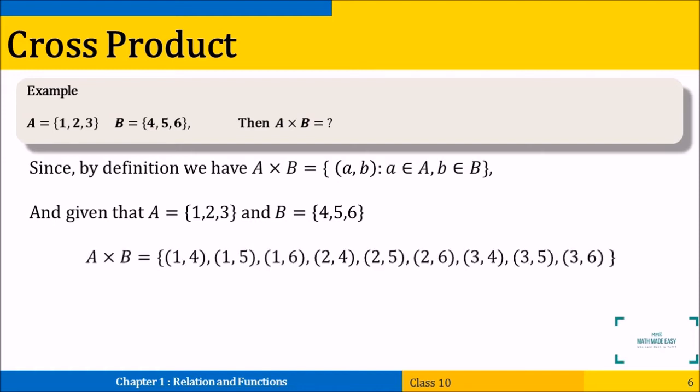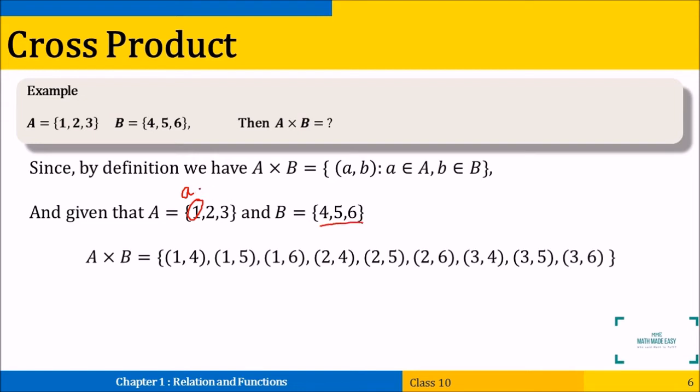What you would do is pick an element a from the set A. Let's pick one here and name it a. Now you have to find b, and you have three choices to find b.